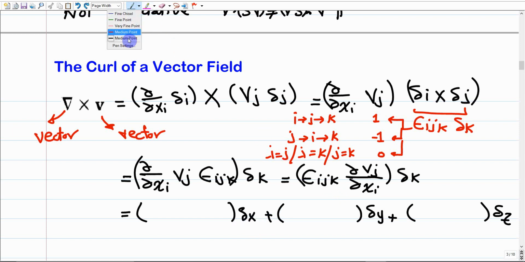So in the first term, we already have k is x. So for epsilon ijk to be 1, what should be the index i, what should be the index j? Again, I'm working with the first term. In case k is x, what comes after k?